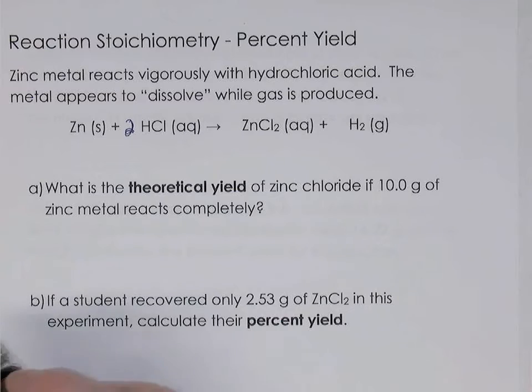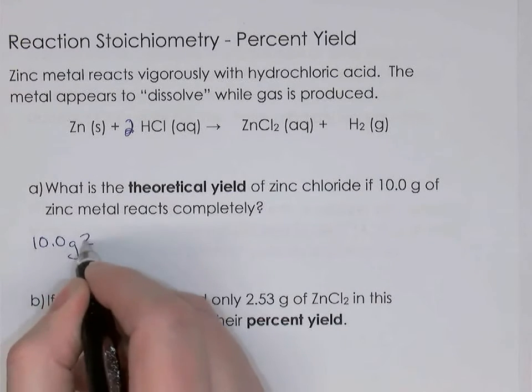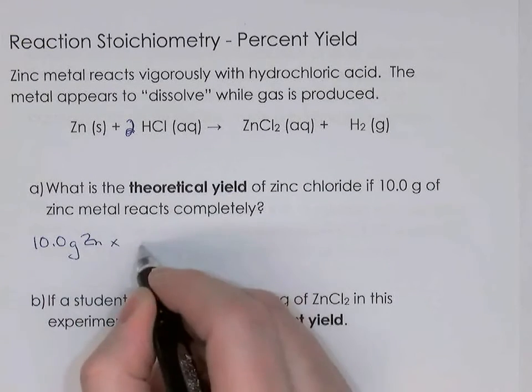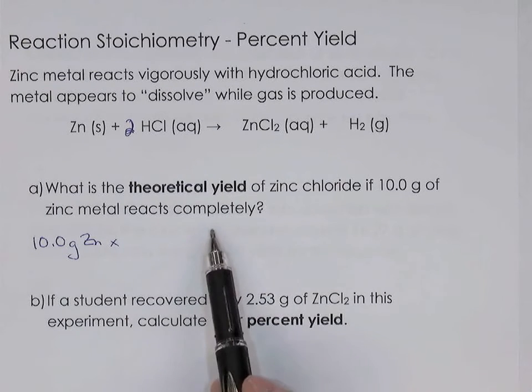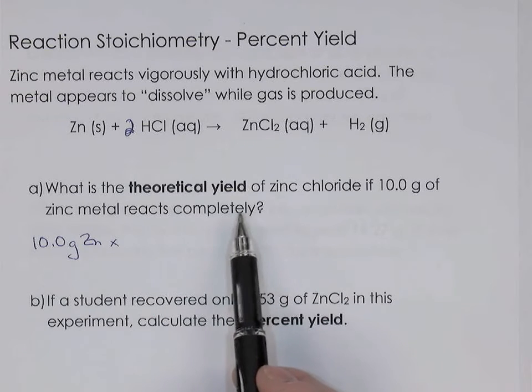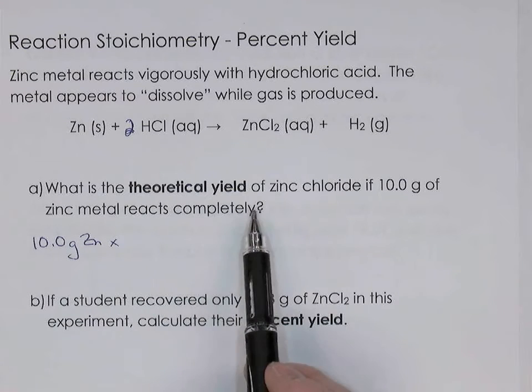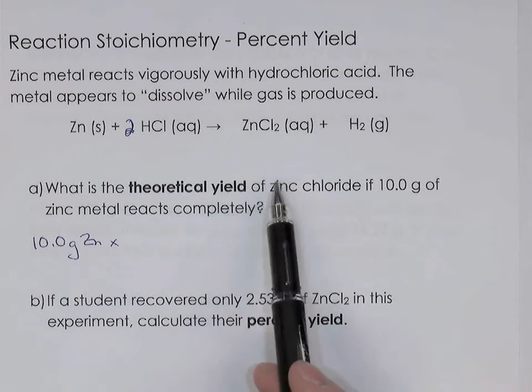So if we take our 10.0 grams of zinc and set up 3 unit multipliers, we can calculate the mass of zinc chloride produced. Now the question is a little bit poorly worded because it doesn't really tell me what units to express this in. The theoretical yield could have been expressed in moles, if I'd like, or grams.